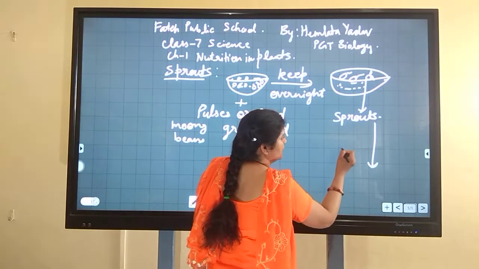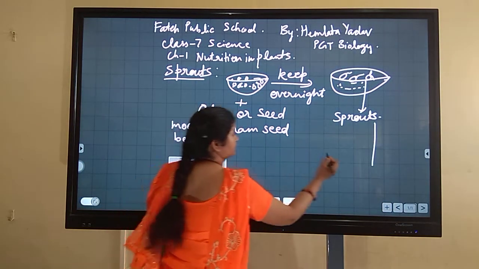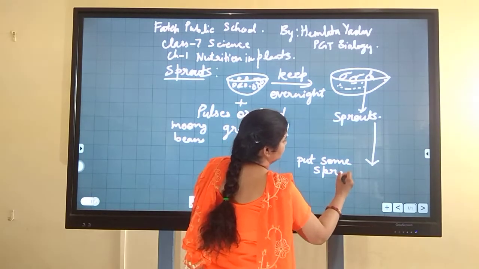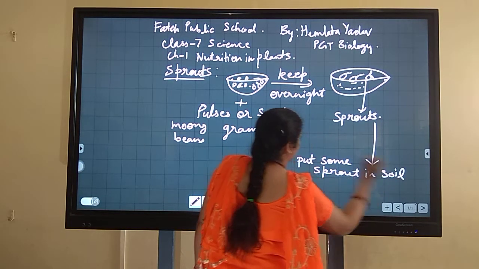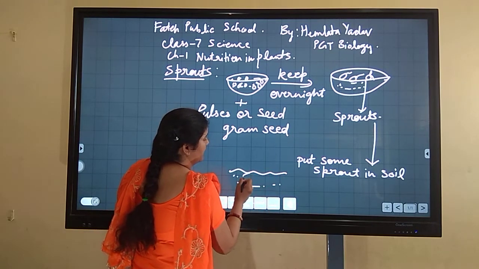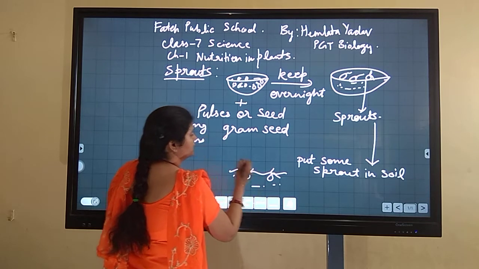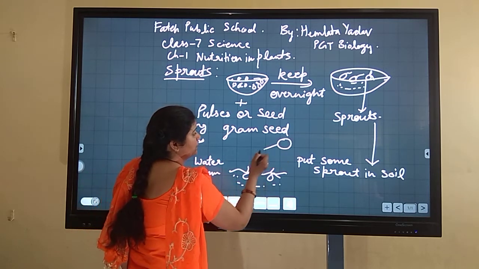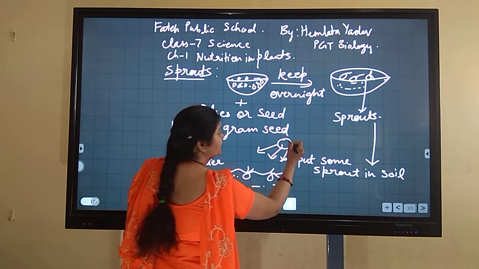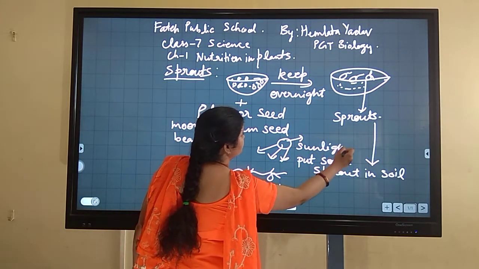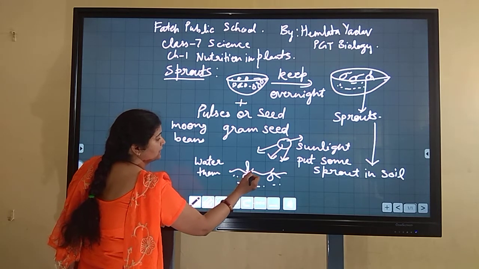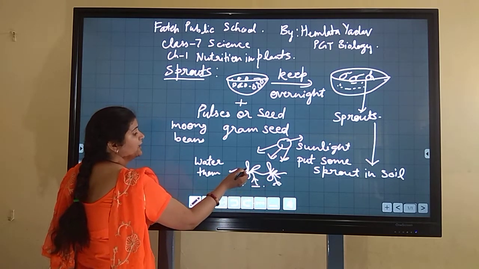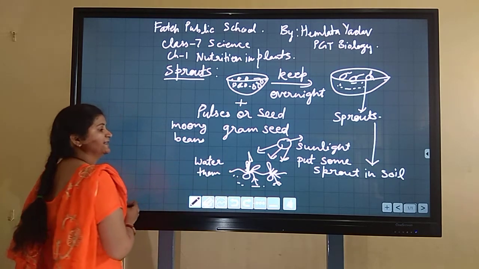If you put some sprouted seeds in the soil and then water them regularly for a few days, in the presence of day or sunlight it is going to convert slowly into a small seedling, bringing out the roots going in the soil, and curly leaves coming up with a straight stem.